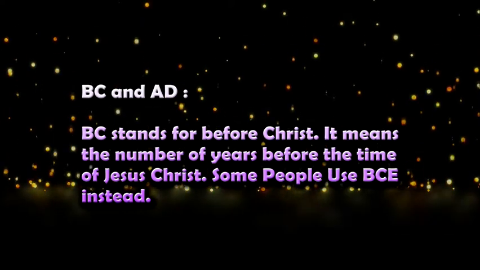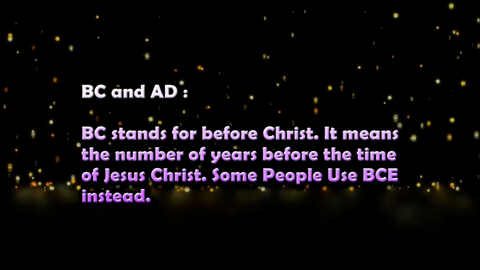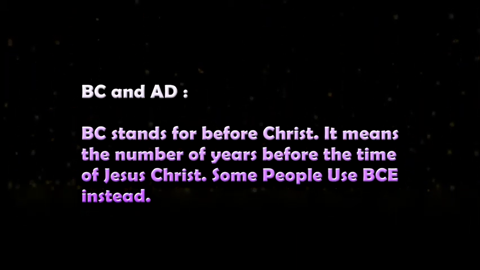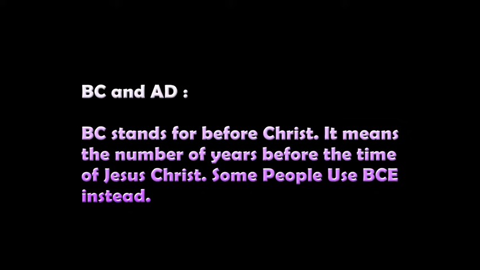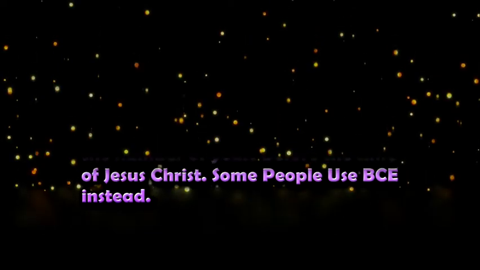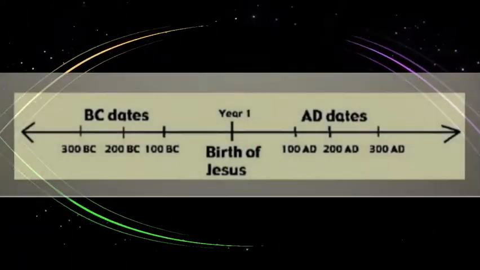And year 0, as you can see in the middle, is known as year 1. Some people use BCE instead. BCE means before common era and BC means before Christ. AD means Anno Domini.